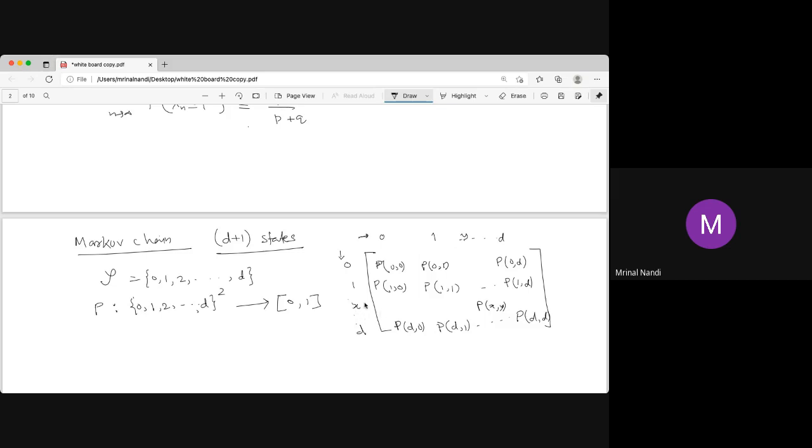Row-wise, from 5 to 7, we have to find the 6th row and the 8th column element.